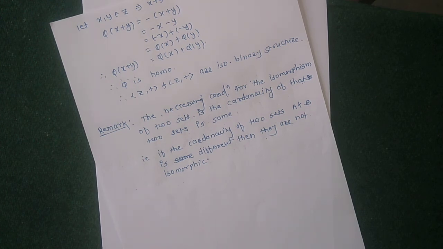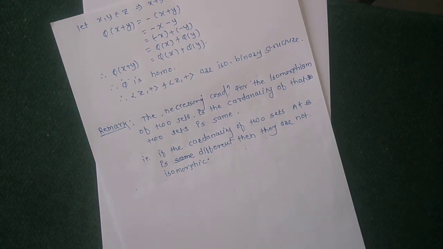If the cardinality of the given sets is the same, then check the other conditions. If the cardinality of the two sets is not the same, there is no need to check the other conditions. The given function is not an isomorphism if the cardinality is not the same.